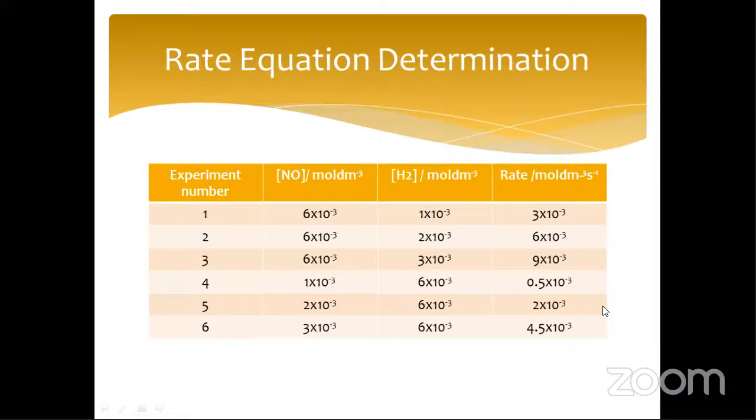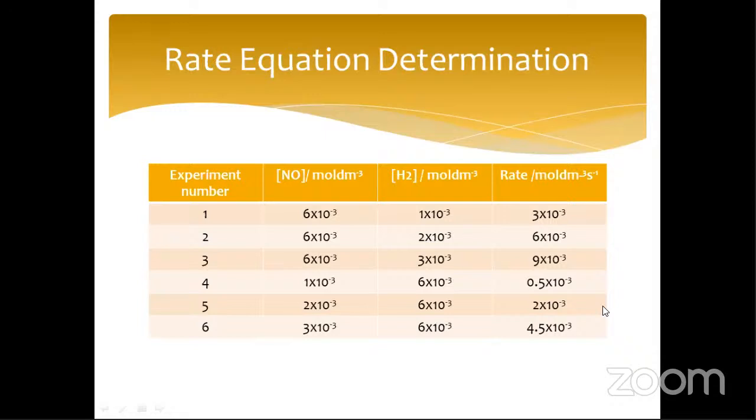So experiment 5, the concentration would have been 2 times 10 to the minus 3, and that of experiment 4 is 1 times 10 to the minus 3. So the ratio between the concentration of these two experiments would be 2 to 1. All right. Now, when I look at my rate, I can divide my 2 times 10 to the minus 3 by 1 times 10 to the minus 3, and that would be equal to 2.